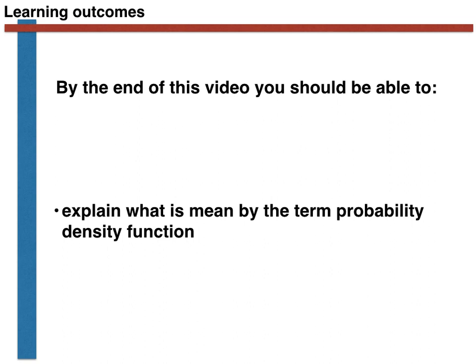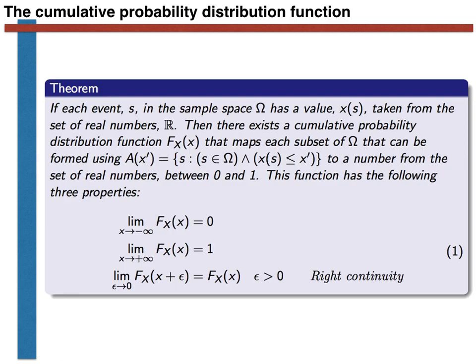Let's briefly review the most important of the probability functions that have been introduced thus far. In the video on non-classical probability, we introduced the cumulative probability distribution function and defined it as follows.